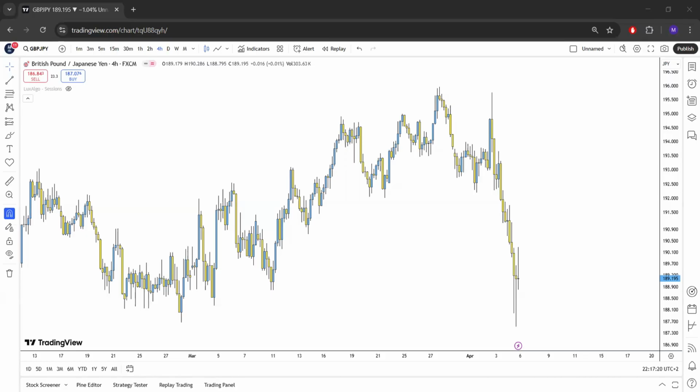And as you guys know, Japanese yen is actually a safe haven, so people will tend to run to Japanese yen, things like bonds and/or gold, right?